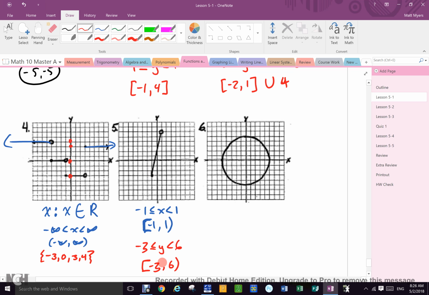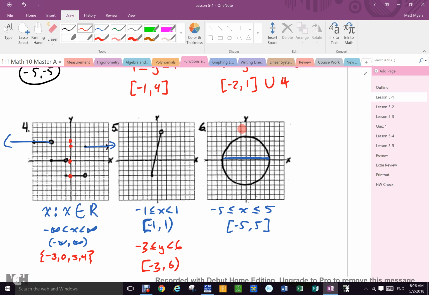Old eyes. And this one, a lot of people have trouble with this one, just because it looks different, right? But if I didn't have any of this part of it, your domain is just here to here, isn't it? So it's the same. My domain is still negative 5 to 5.